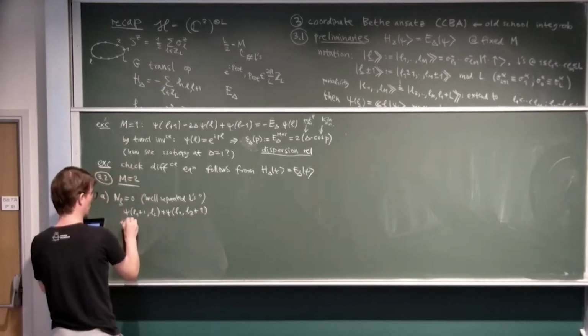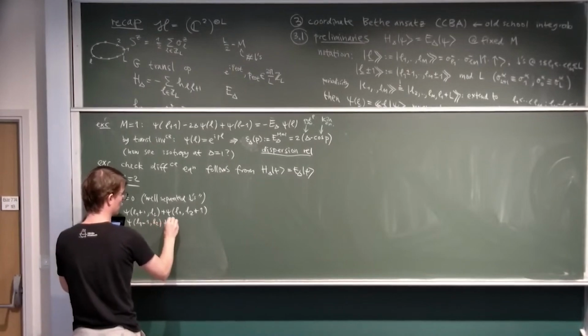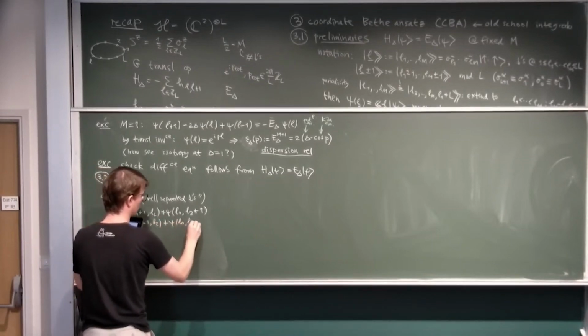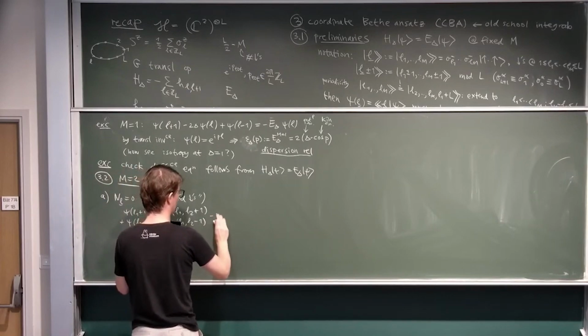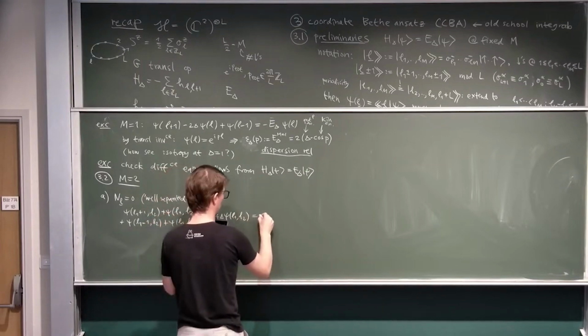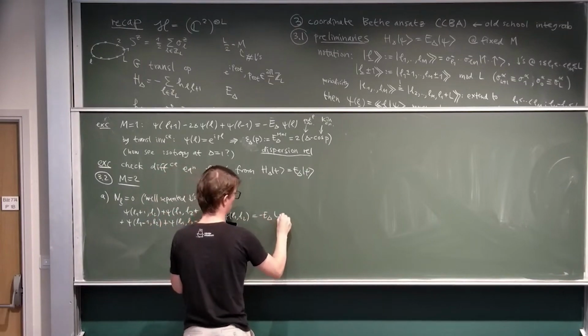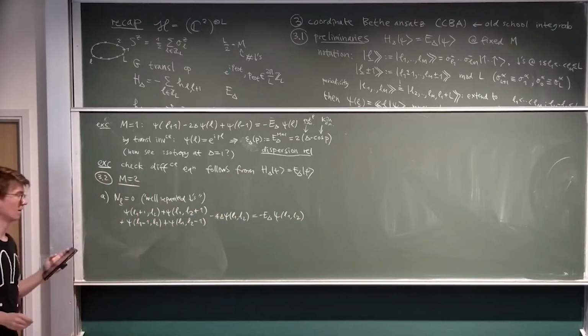And then we get plus psi of L1 minus 1, comma L2, plus psi of L1, L2 minus 1. And then, of course, we get this 4 delta times the case where nothing changed. And on the right-hand side, we get our minus E delta psi of L plus, like this. All right?